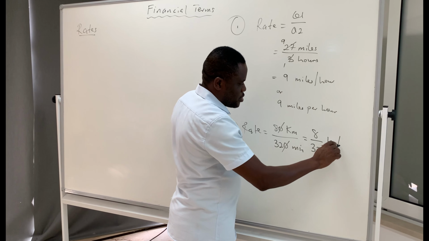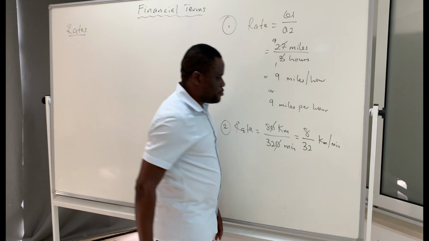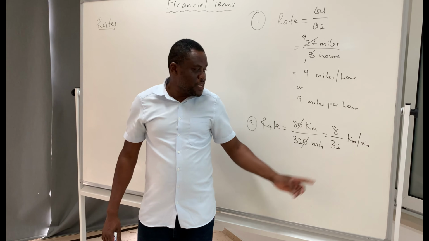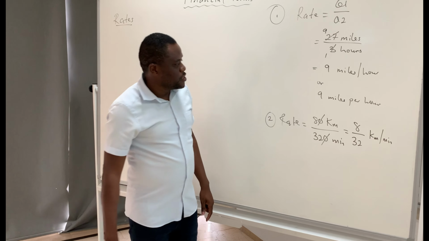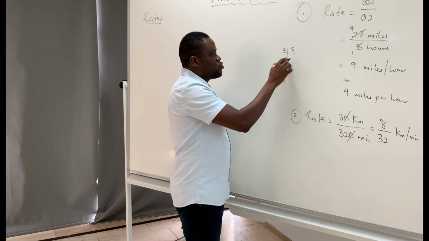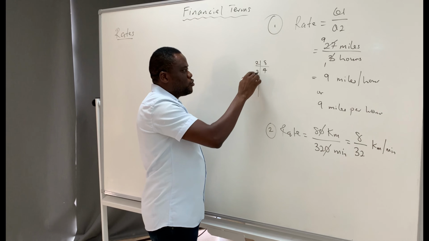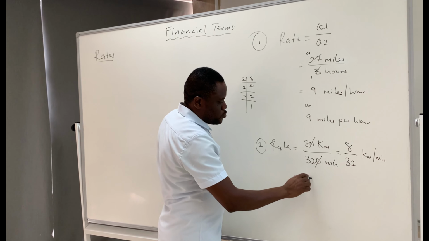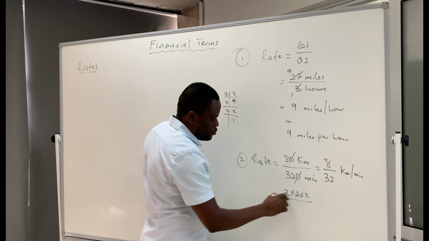But it's not yet at lowest terms. We can still reduce it, right? So quickly, let us use our wonderful method. 2 goes into 8: 4, 2, 2, 2, 1. So the first one gives us 2 by 2 by 2.